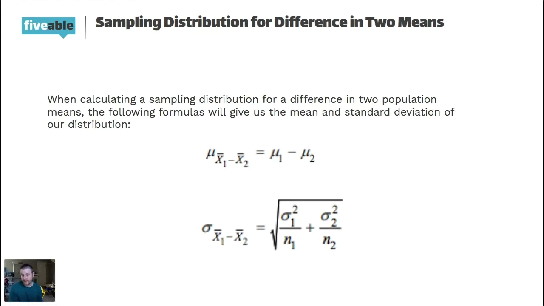Now, if you have a t-curve with infinite degrees of freedom, then you will have a z-curve. That comes down to the fact that if you know the population standard deviation, then you can use a z-score and a z-test. But that's really rare, and you don't really see that very often.